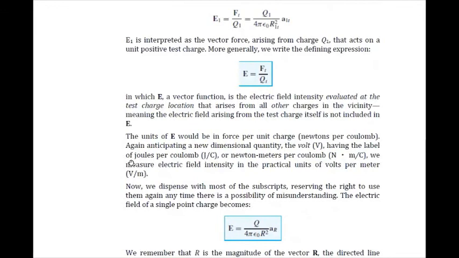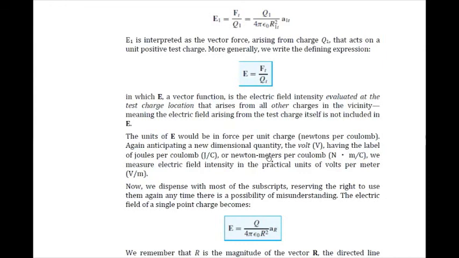per coulomb. Again, anticipating a new dimensional quantity, the volt, having the level of joules per coulomb, J over C, or newton meter per coulomb. We measure electric field intensity, ito yung unit niya, that's volts per meter. Okay, madali lang naman tandaan.